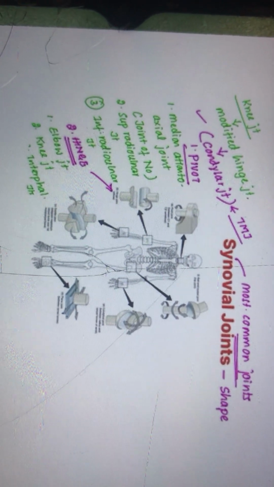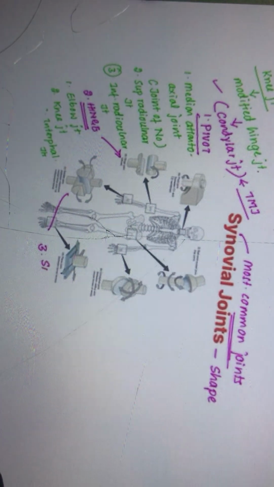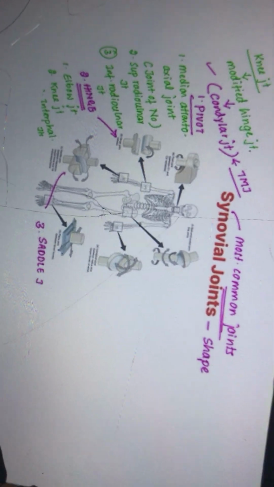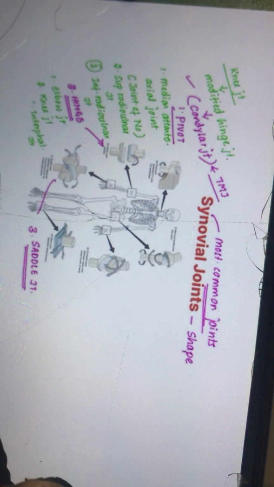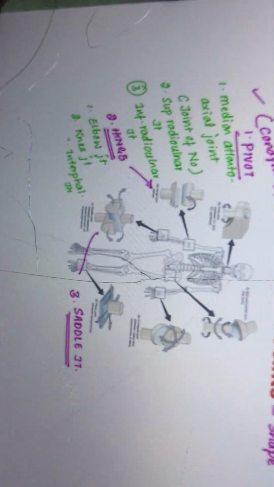Right. Now this is regarding the second type, that is hinge joint. Now what about the third type? The third type of joint we have here is the saddle joint. Now what exactly is a saddle joint? Remember, the saddle joint can be compared to the saddle of a horse.